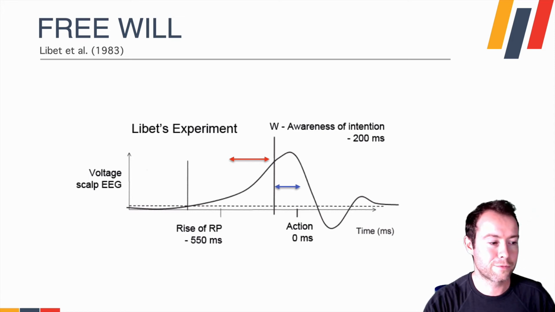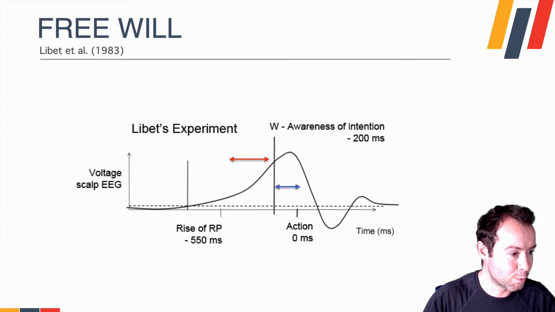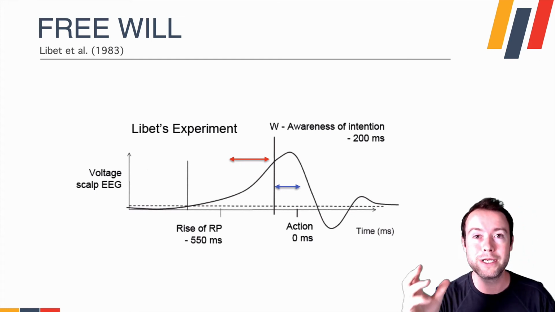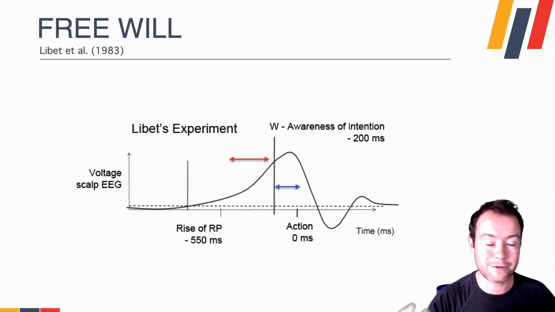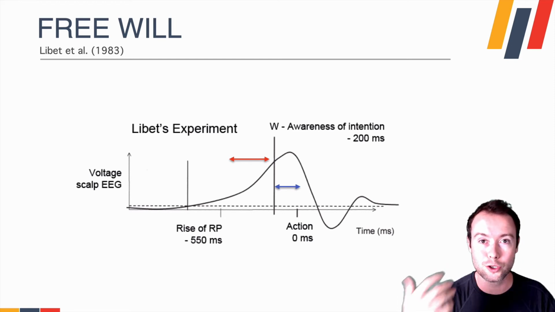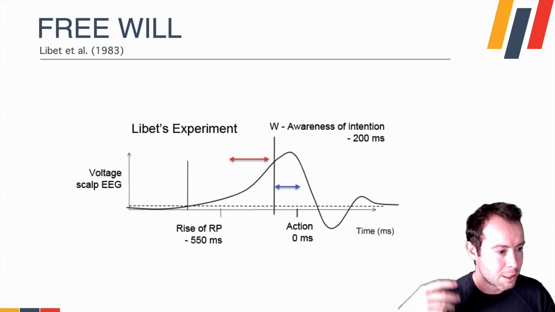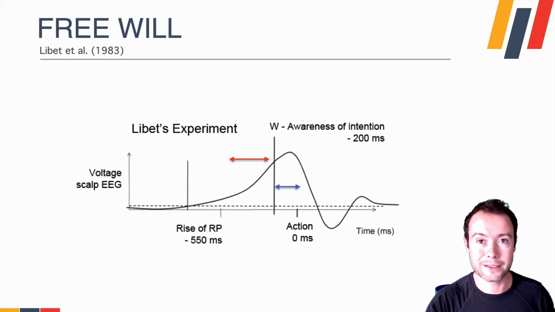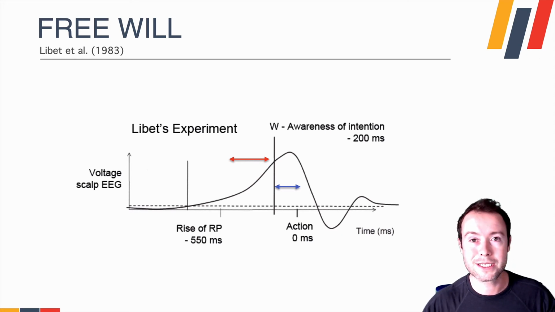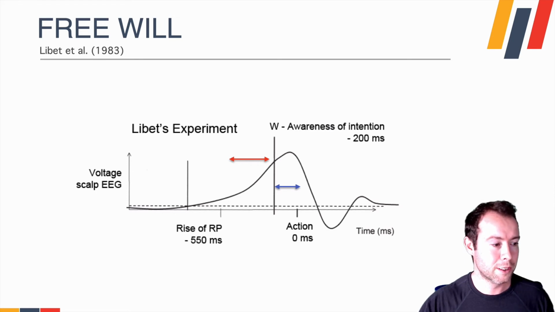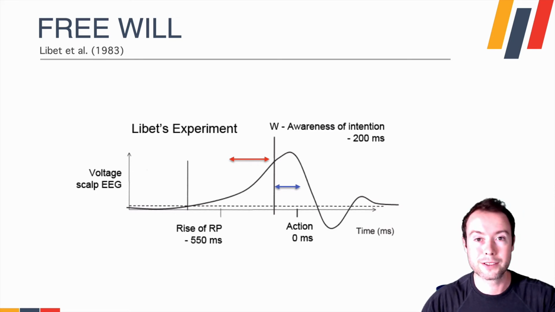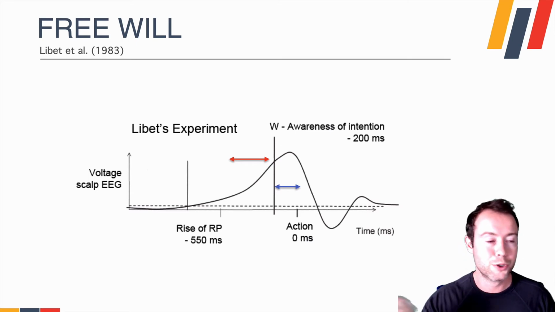If we look back from that time point to what's marked as W, this is when participants would, on average, report a conscious, explicit awareness of the intention to move their finger. Now, the bit that's fascinating and relevant here is that you have this increase in neural activation that starts occurring all the way back at 550 milliseconds prior to the action occurring, but also well in advance of us having any explicit awareness that we intend to move our finger.